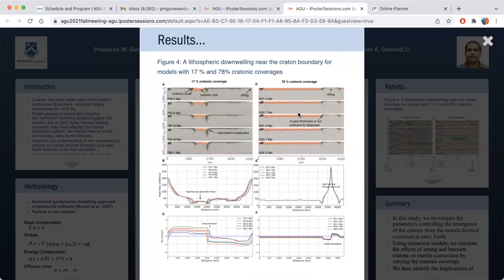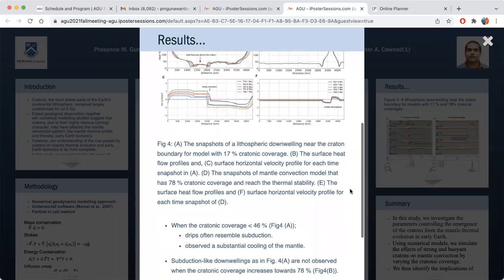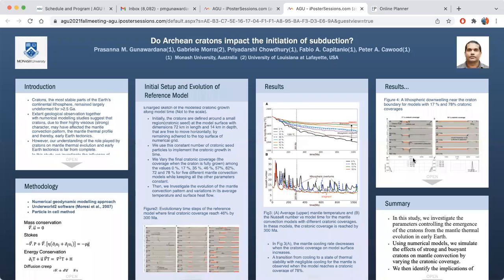Also in figures 4b and c, we are looking at the surface heat flow profiles and the velocity profiles of the figure 4a subduction events, and these patterns are compatible with present oceanic plate features. Those are the preliminary results.